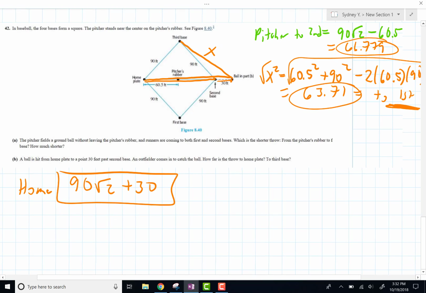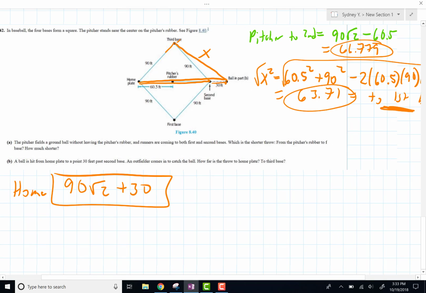And we can use this big triangle. Let's see. Yeah. We can do this one because we know again that this is 45 degrees in there because the pitcher is right in the middle this way, so that is split.